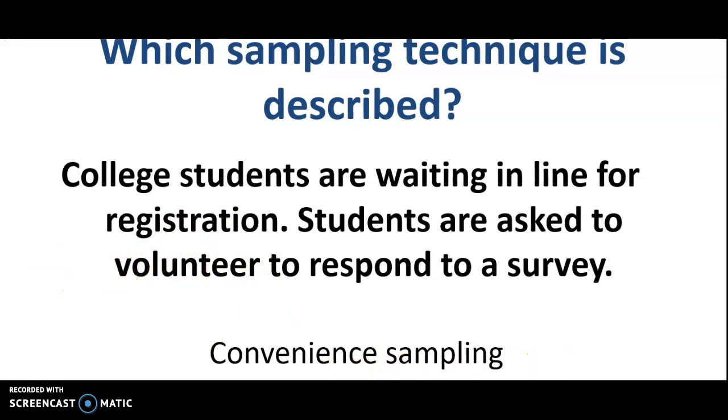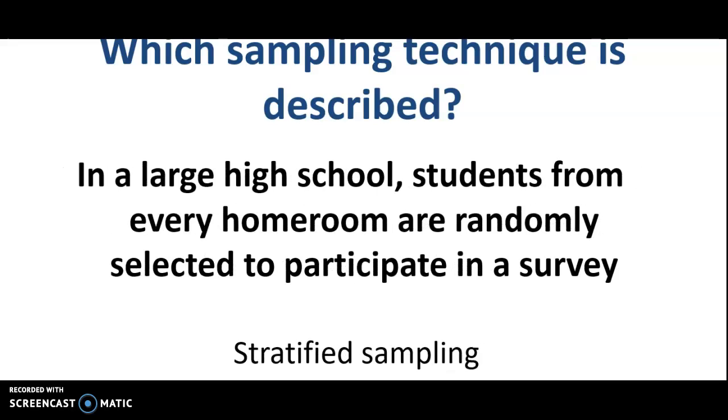You might say, well, how do you force somebody? Well, when you ask somebody, they give them the opportunity to say no. If they're in line and they're registering, you just go over and ask them and don't give them an opportunity to say no. But notice, there's no random selection process here. So you're only going to take the people that volunteer. So that's why it's convenience sampling. It's not a good method.